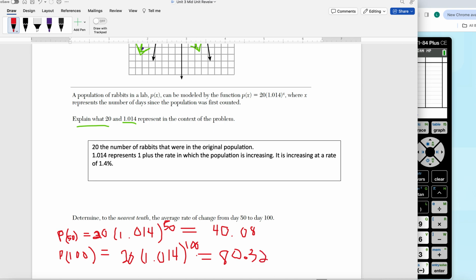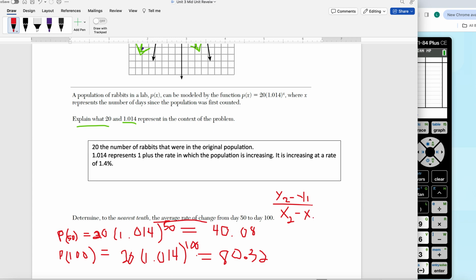Now, average rate of change, that means something, right? That's our slope. So our slope is y2 minus y1 over x2 minus x1.